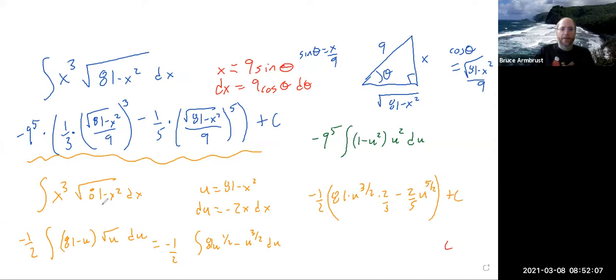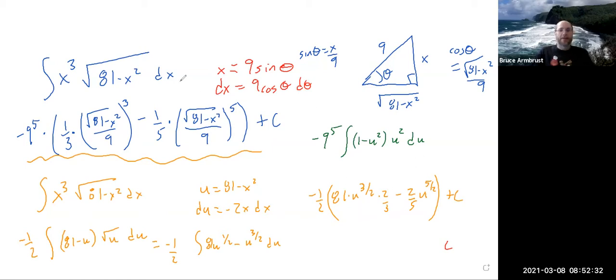But now when we substitute back in, remember what u was? u was 81 minus x squared, so we're going to get 81 minus x squared to the 3/2. Well, that's that. And then 81 minus x squared to the 5/2, well, that's that. And then all the other stuff is what would remain after we simplify.